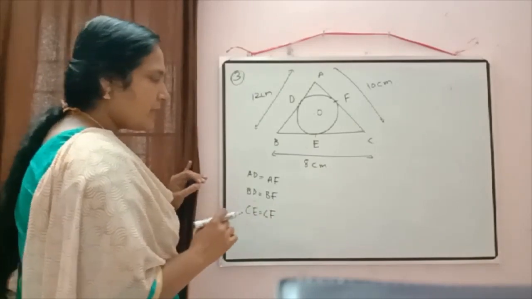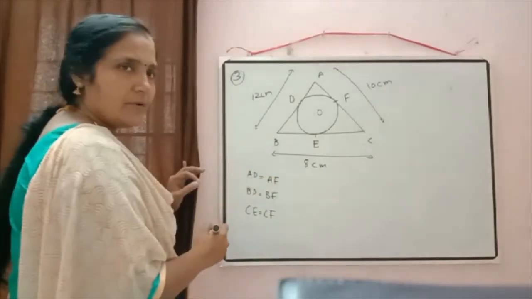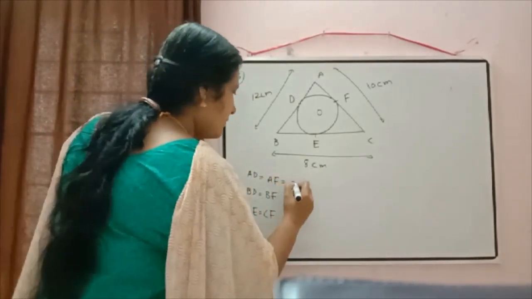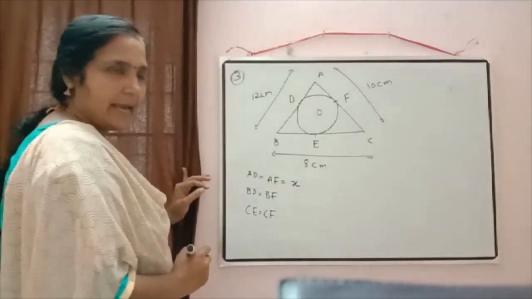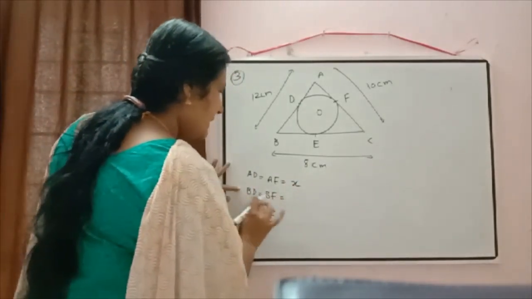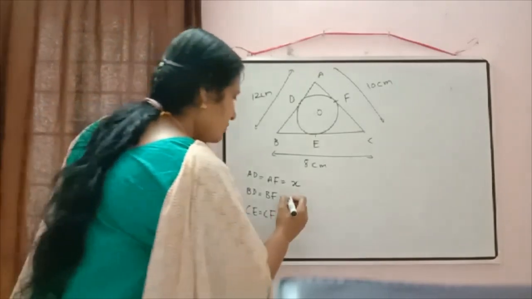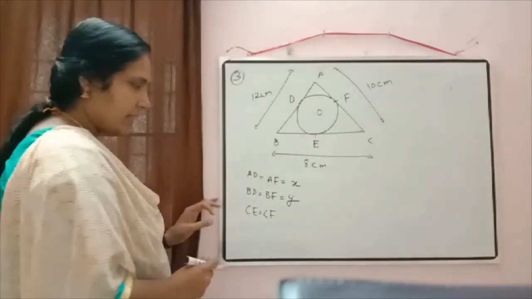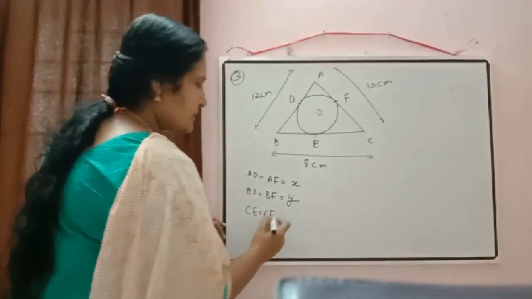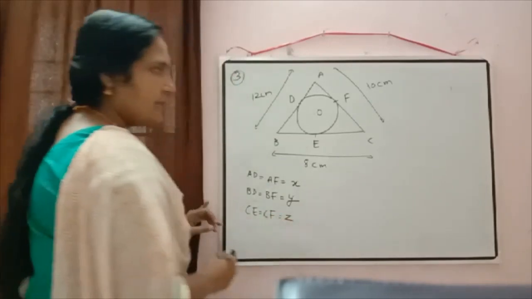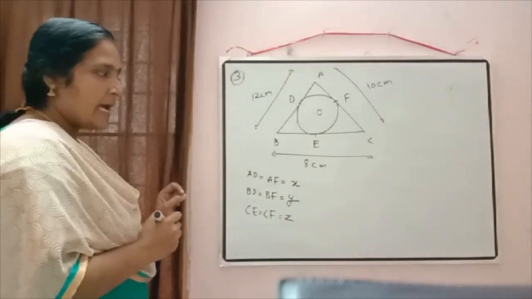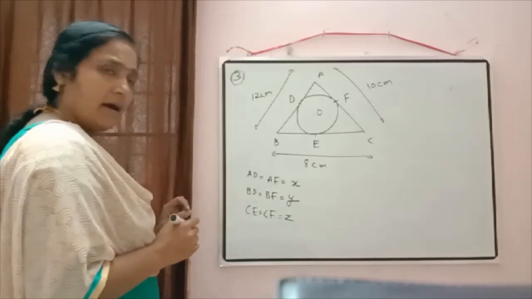Now what have we taken? AD is equal to AF. So if both are equal, we can take both equal to X. Similarly, BD is equal to BE, so both we can take equal to Y. CE is equal to CF, so these both are equal, and we can take that equal side as Z. Now we will mention it in the diagram.